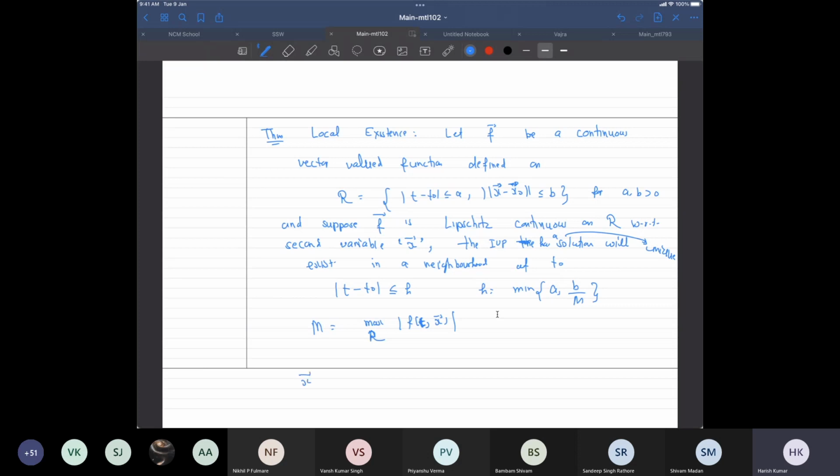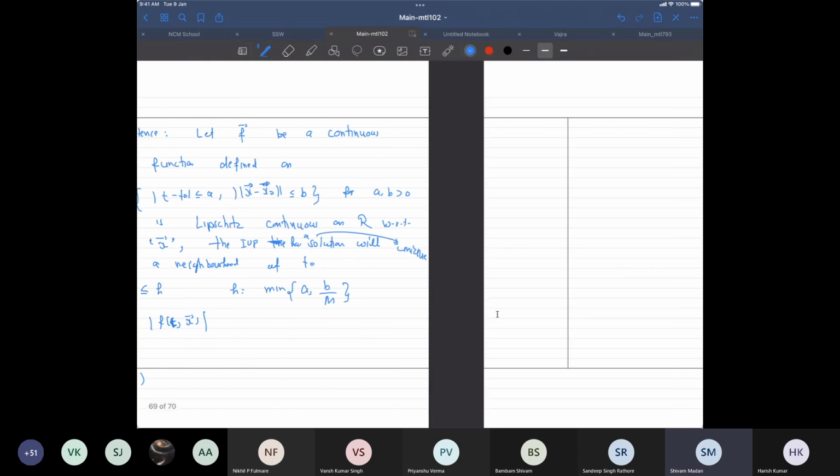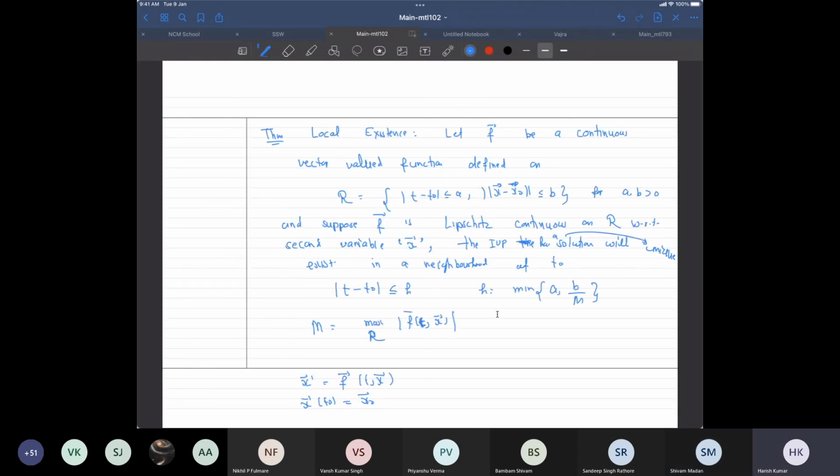Just to complete the statement, the IVP is x prime is equal to f of t comma x, x at t naught is equal to x naught. So what was M in the previous case? It's the maximum of the function f. Yes, you have to take the norm, you're right. Whatever norm you are dealing with here, it will be the same.